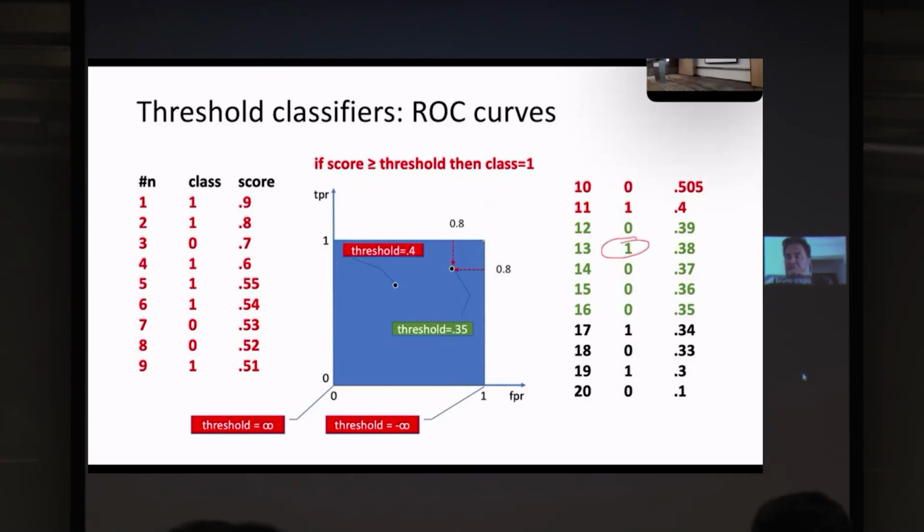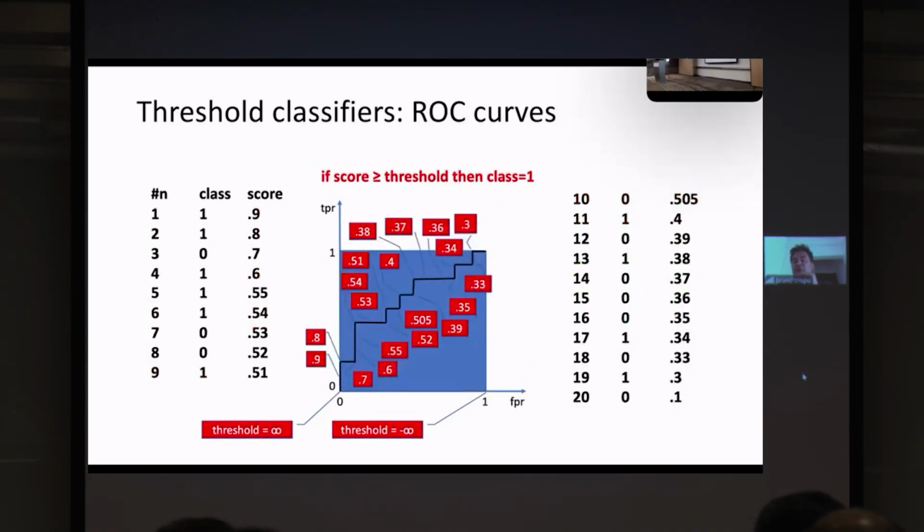So you have this point. And the idea is that you can vary the different values of the threshold and see how the classifier works.